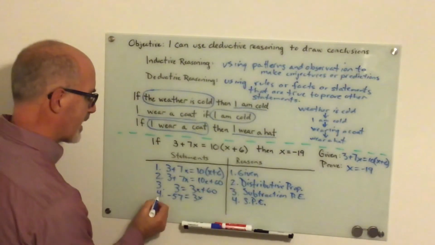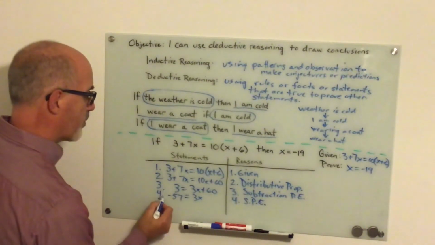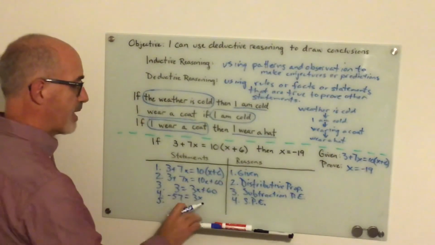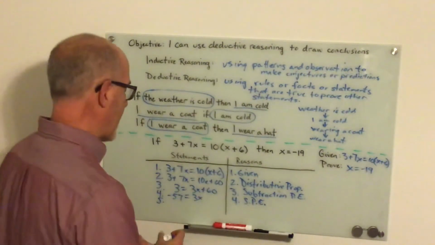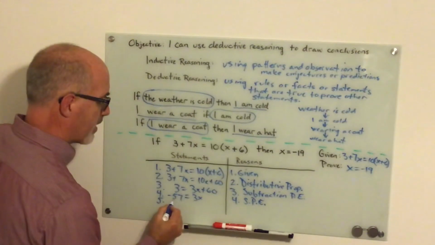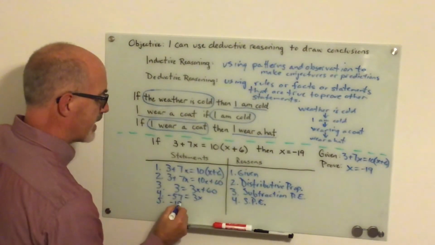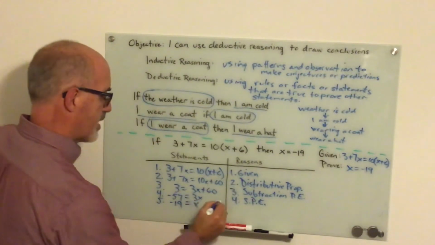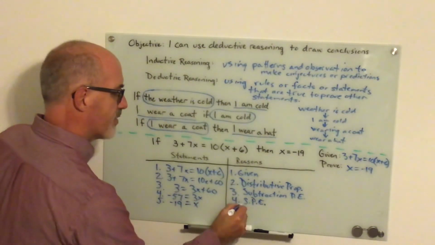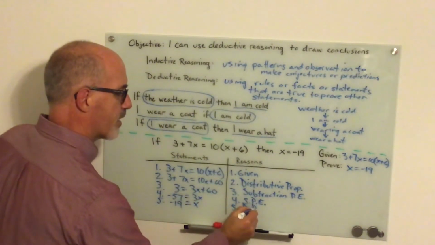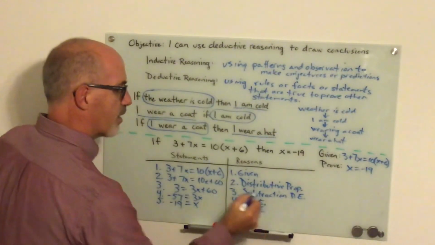And lastly, actually my second to last step, is that I'm going to state that by dividing by negative 3, I get negative 19 equals x. Okay, and that's by division property of equality. So I'll abbreviate that as well.